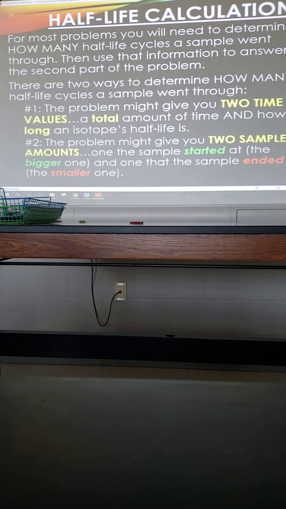Or the problem might give you two sample amounts: one that the sample started at, the bigger one, and then one that the sample ended at. So if you have 100 grams and then you ended at 12 grams, okay? So it might give you two sample amounts, or you might be given two time amounts. And there are two different ways to approach it depending on how the problem is presented to you.